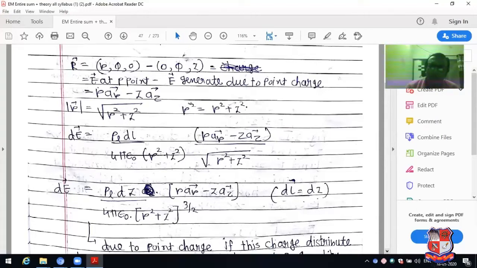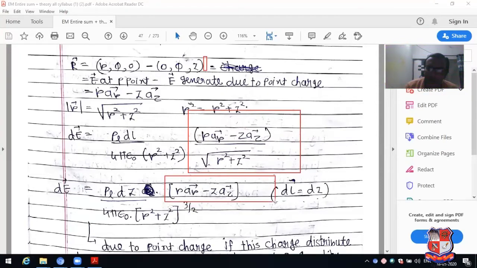See here, this is considered as the magnitude, and here it is considered as the unit vector: (r a_r minus z a_z) divided by (r square plus z square) raised to 3 by 2.